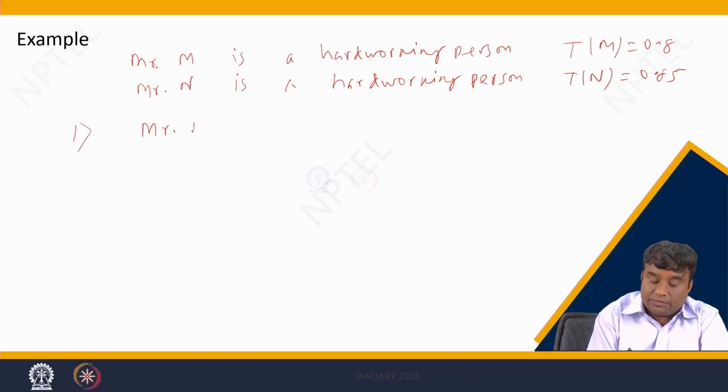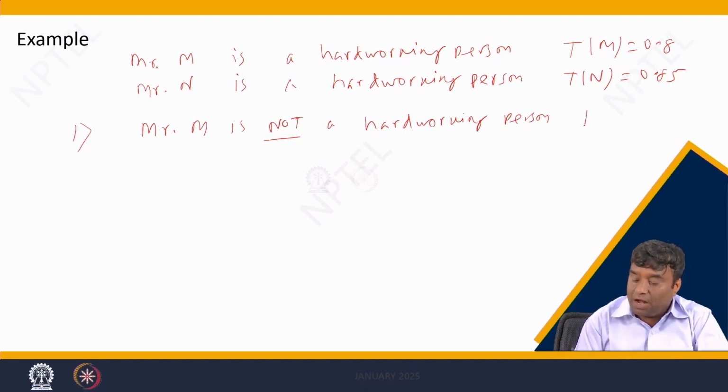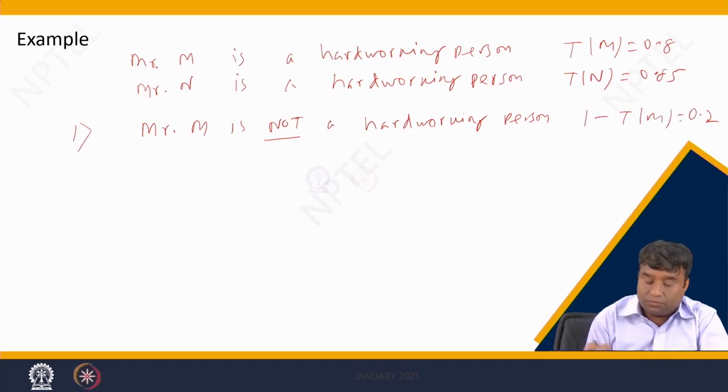Mr. M is not a hardworking person. So that is 1 minus Tm, that is 0.2.